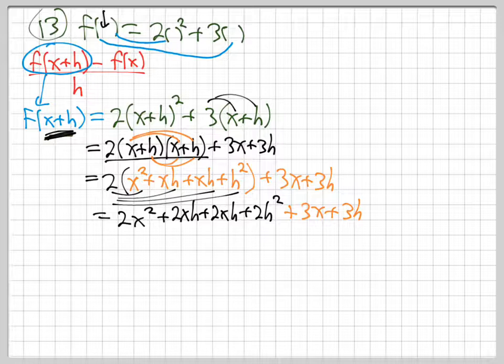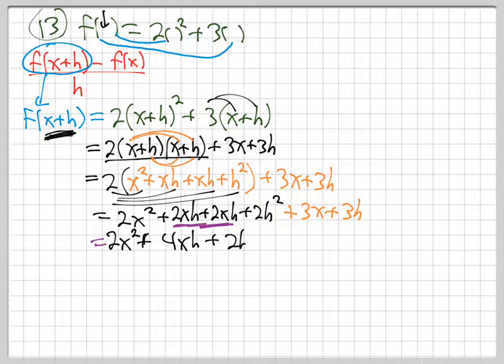You tracking with all the mess so far? Yeah. 2xh and 2xh, so that'll become 2x squared plus 4xh plus 2h squared plus 3x plus 3h.